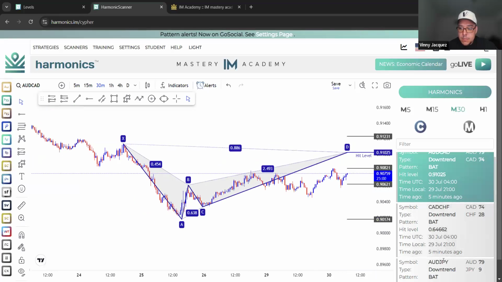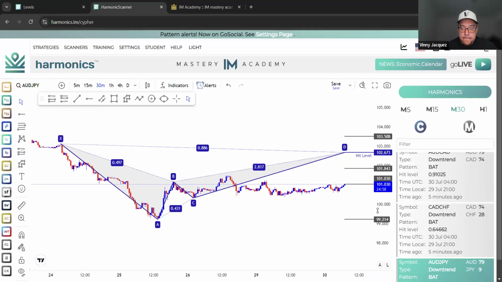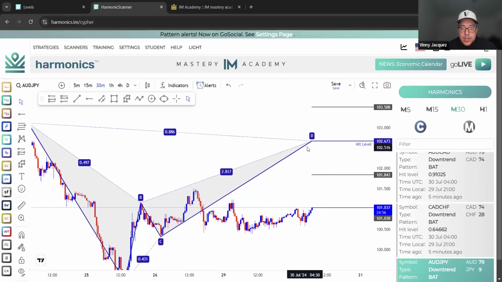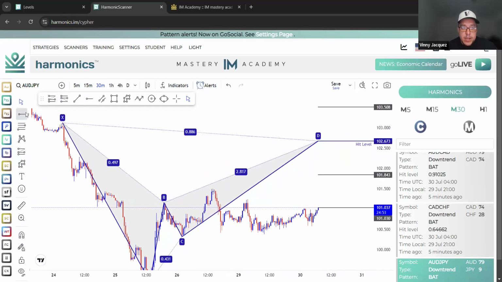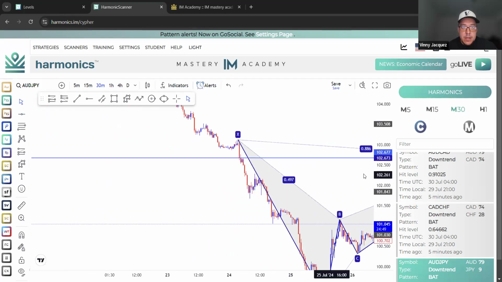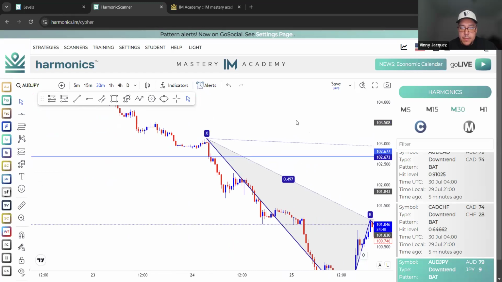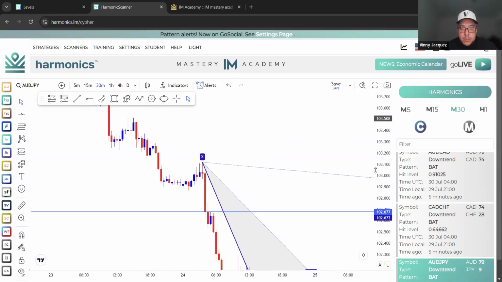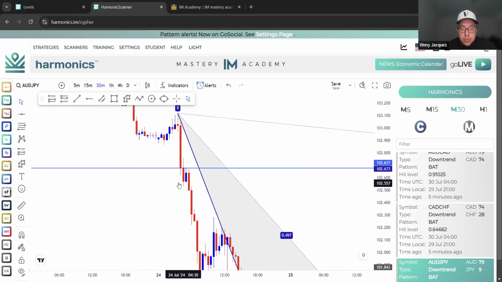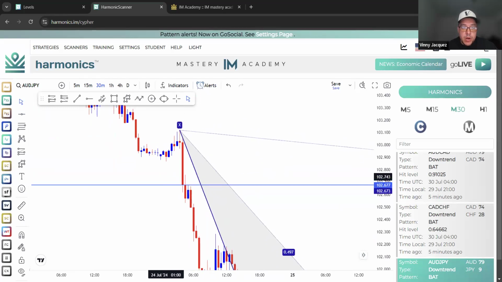AUDJPY. Now it's calling sales in this area. Why is Harmonics, the cipher, calling sales in this area? Let's look to the left. Now we can see a starting point here, but I also like this starting point right here.